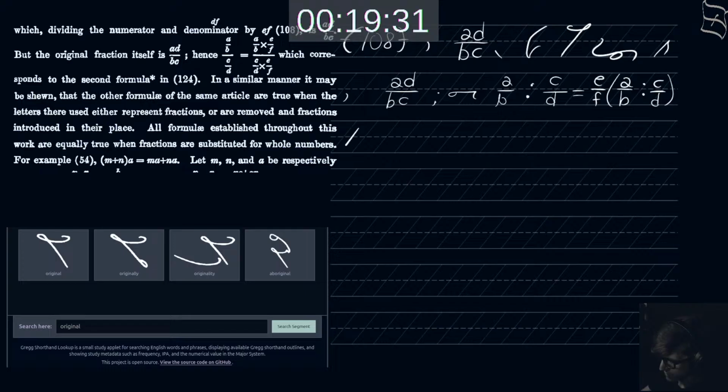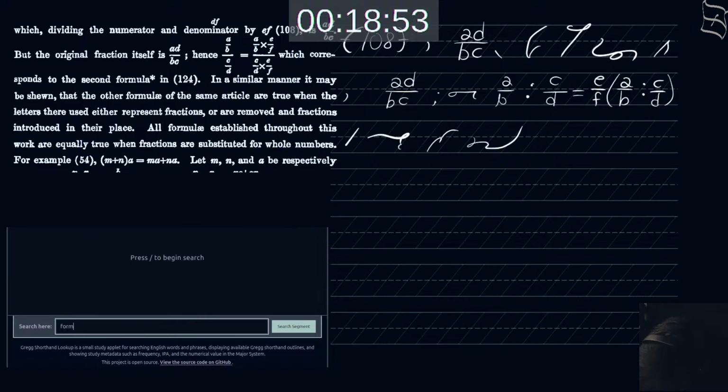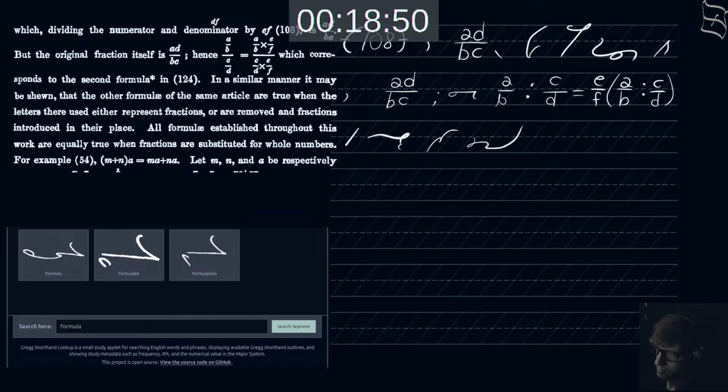Which corresponds, there we go, to the second formula in Article 124.